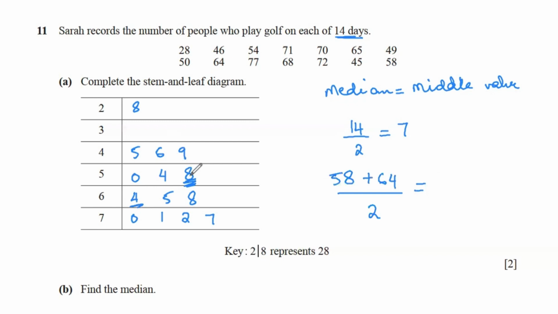Before the 7th value, which is 58, we have 6 numbers, and after the 8th value, we again have 6 numbers. If you find the average of those two values, that gives us the value right in the middle of the data set. So 58 plus 64 divided by 2 equals 61. That is your median value.